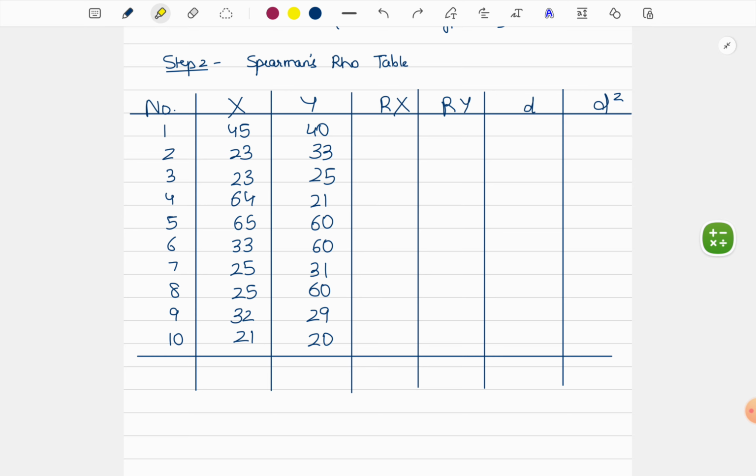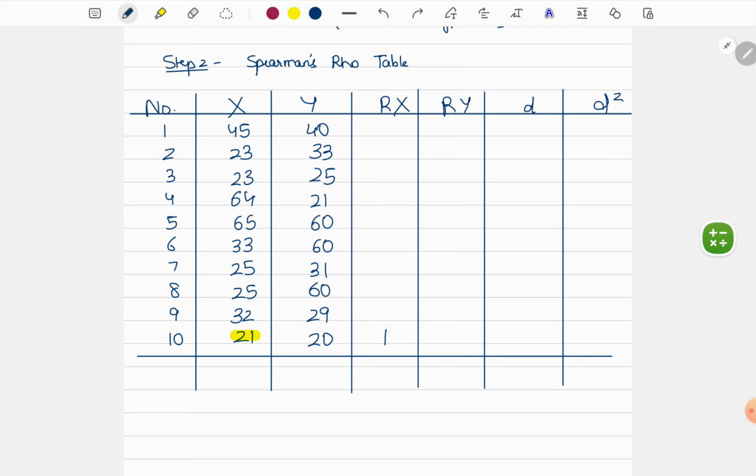You have to just find the smallest number in the X column. The number which is the smallest or the least value we can see is 21. We will assign it a rank of 1. Simply we will write number 1 in the rank column where we can see 21. On that row we will write 1.